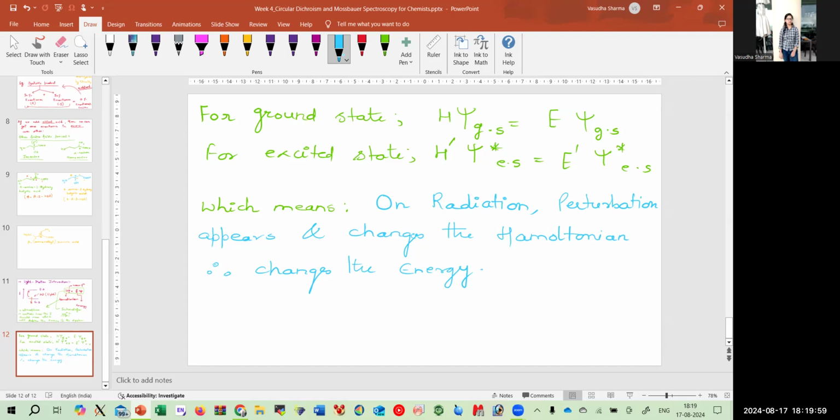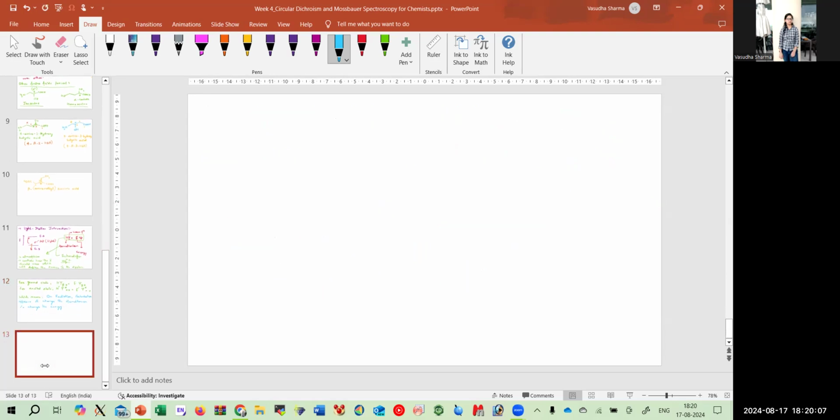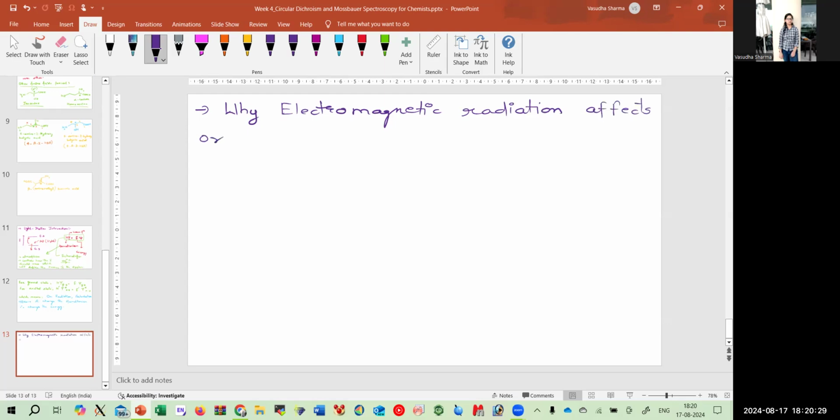So the main question is why that light actually affects the electron so much. This radiation is nothing but electromagnetic radiation. So why does the electromagnetic radiation affect or interact with the energy density?